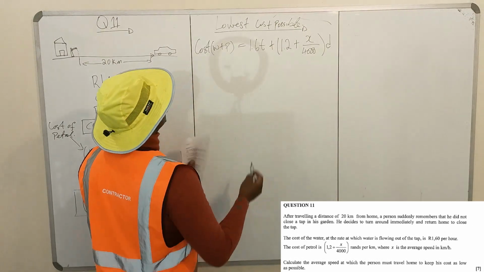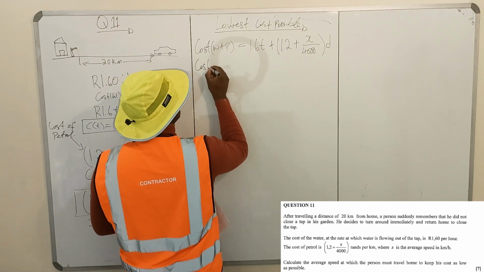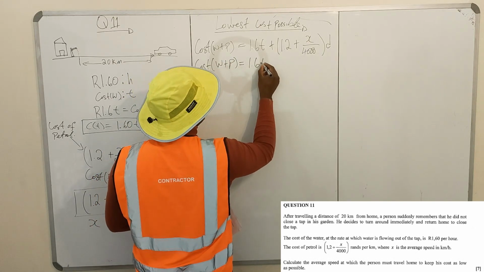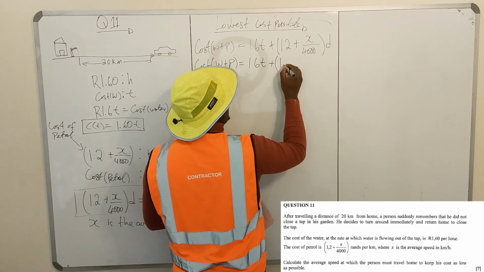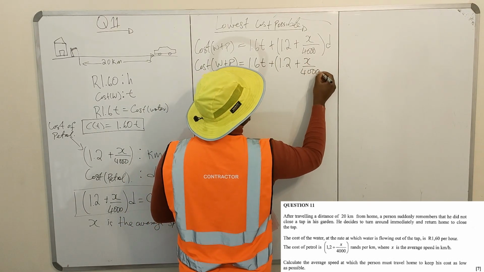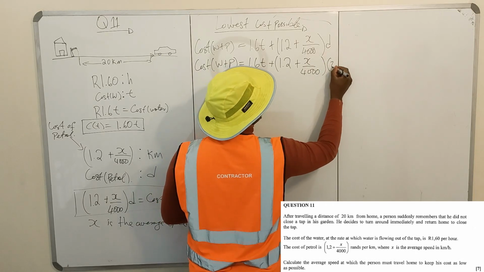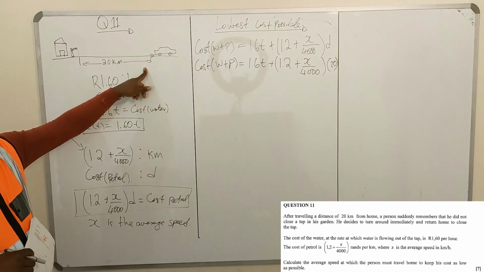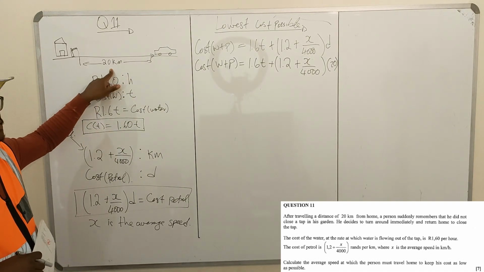So the cost of water plus petrol is equal to 1.6t plus (1.2 + x/4,000) times the distance traveled, which is 20 kilometers, because our friend, to return home, will be traveling 20 kilometers.